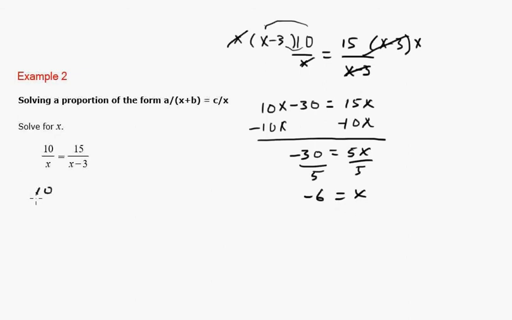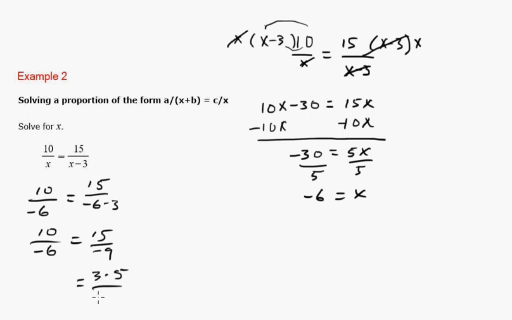Here I get 10 over negative 6, and this is 15 over negative 6 minus 3, so I'm just checking. So this is going to be 10 over negative 6, and this is 15 over negative 9. If I do some factoring, on this side it's going to be 3 times 5, and negative 3 times 3, so that cancels.